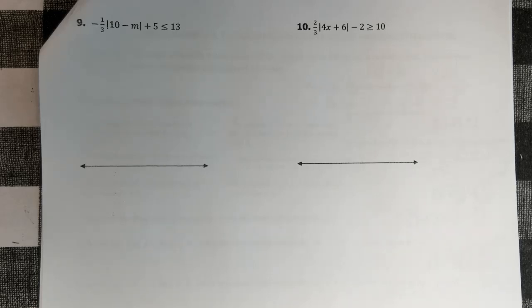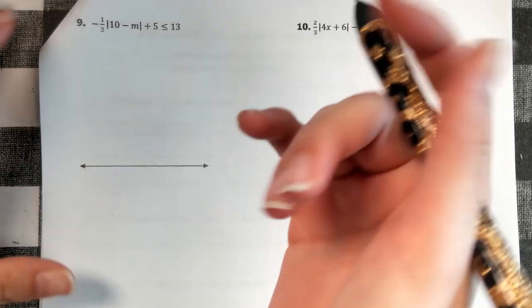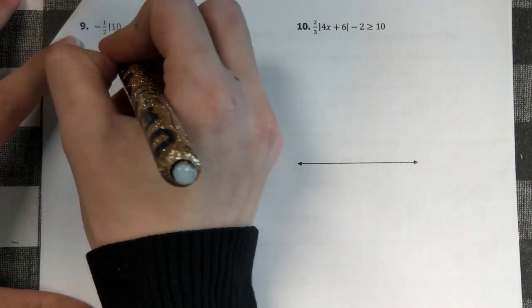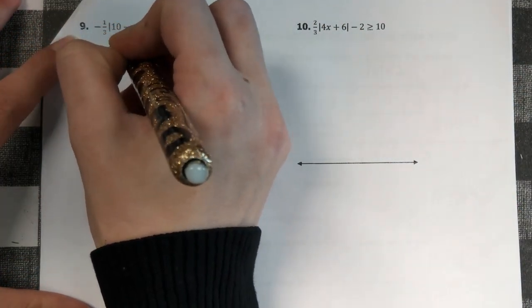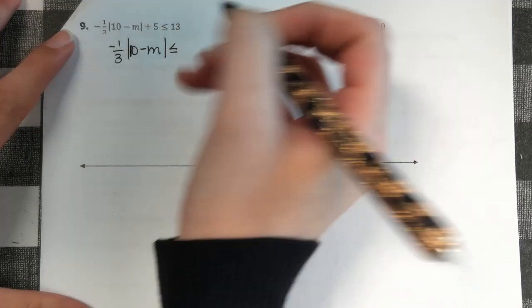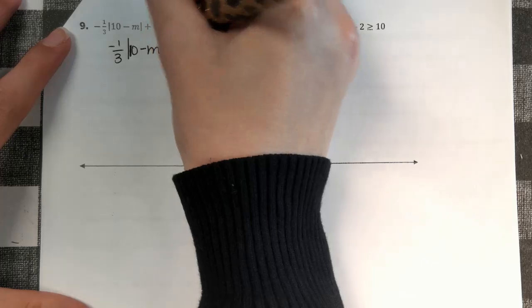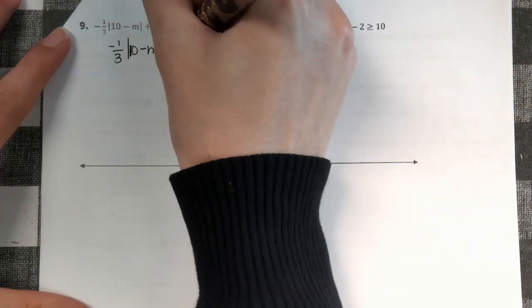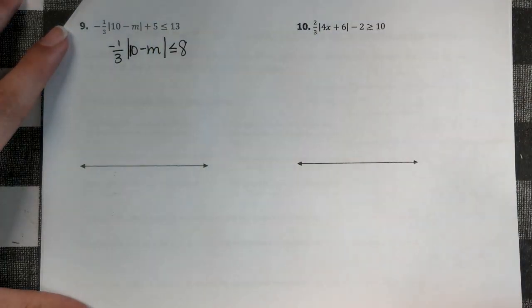When you multiply by a negative, you have to flip it. Okay, first step. Subtract five. Okay, y'all come back. A little less talking. 13 minus 5 is 8. Okay.